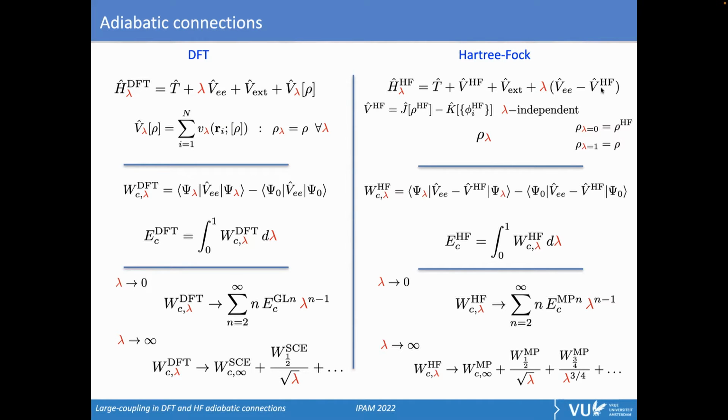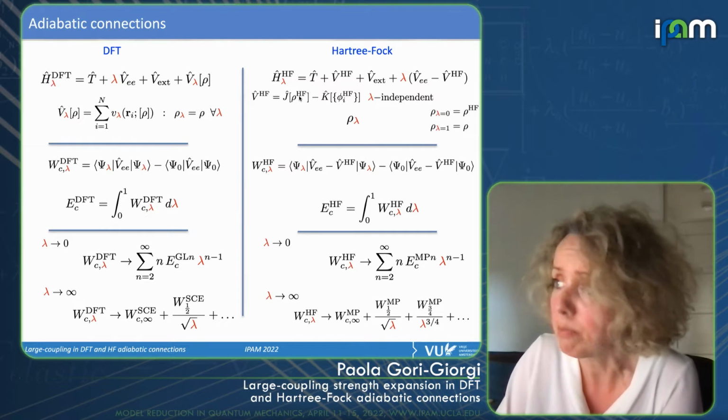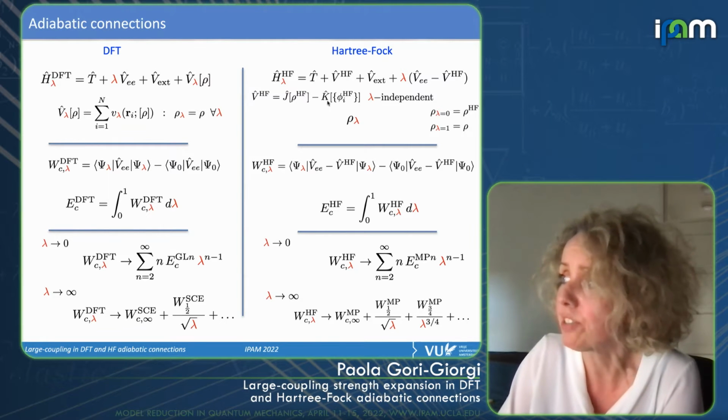In Hartree-Fock, instead, what we turn on and off with the real parameter lambda is the so-called fluctuation potential, which is the difference between the true electron-electron interaction and the Hartree-Fock potential, the one body operator that arises when we minimize the Hartree-Fock energy with respect to the orbitals, which is made of the Coulomb or Hartree part and an exchange part.